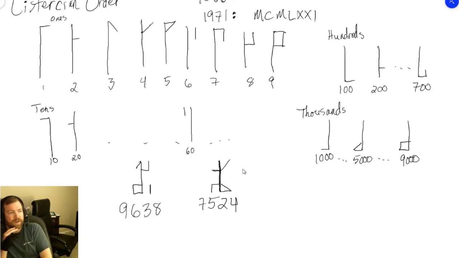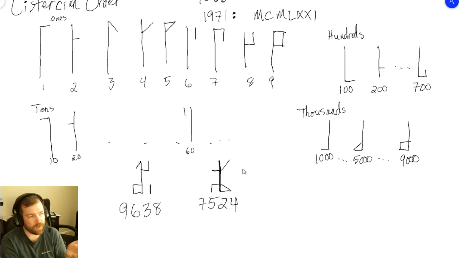So like I said, very interesting in terms of just being able to use the numbers, but just like Roman numerals, it's practically impossible to actually come up with a system of adding, subtracting, multiplying, dividing using these particular numbers. It just isn't really convenient in any way, shape, or form.